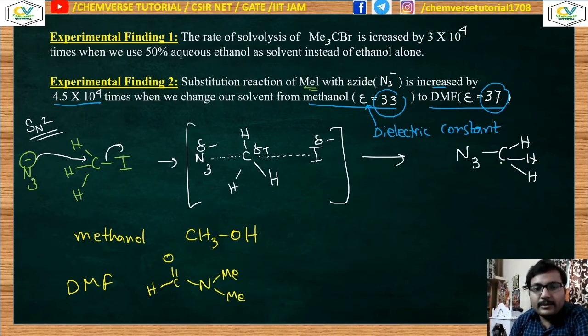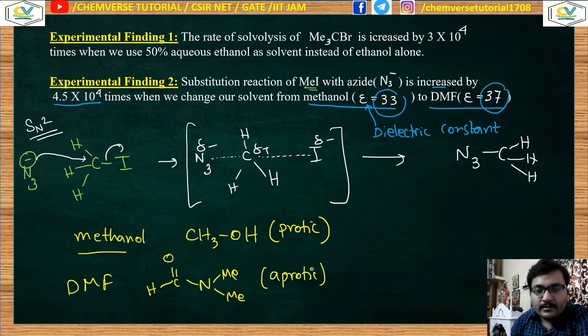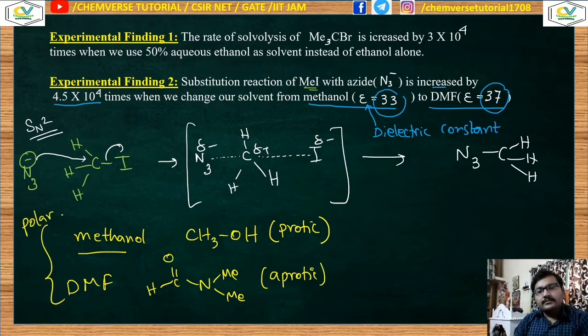So now you can see that both are polar solvents, but methanol is a protic solvent, and DMF is an aprotic solvent. Obviously both of them are polar solvents. Now a protic solvent can stabilize both cation and anion. Now what is the anion over here?